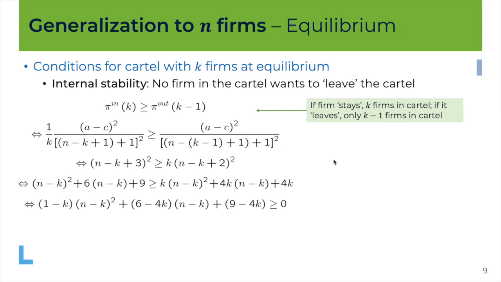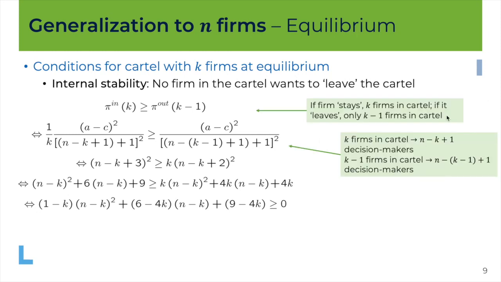Okay, now at the Cournot stage, what matters is the number of decision makers, right? So if there are K firms in the cartel, there are N minus K plus 1 decision makers. I repeat, there are N minus K independent firms plus the cartel that acts as a single decision maker. Okay, so that's what we have here.